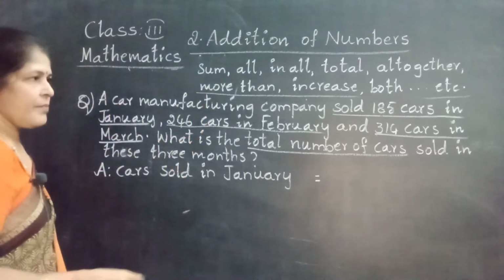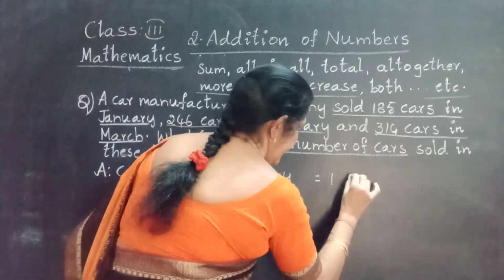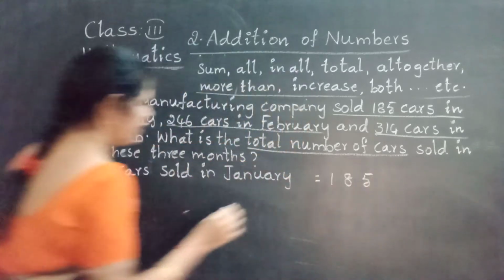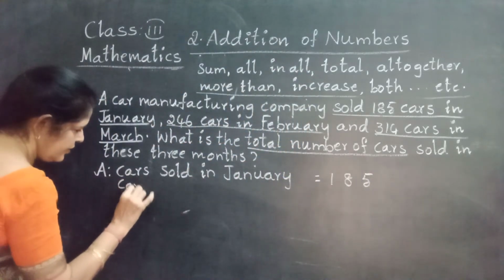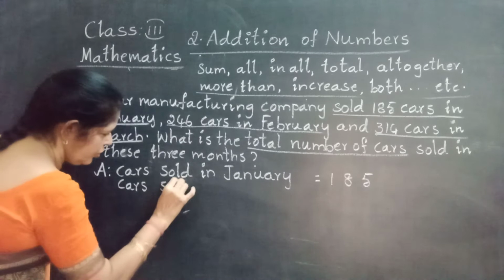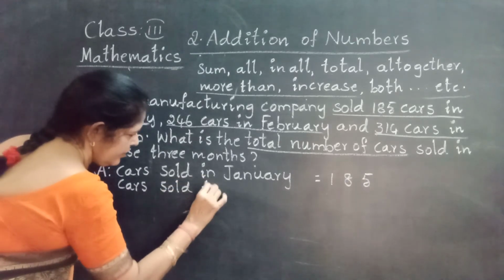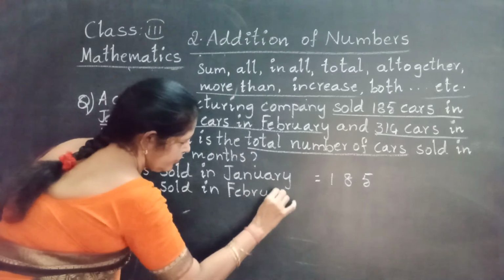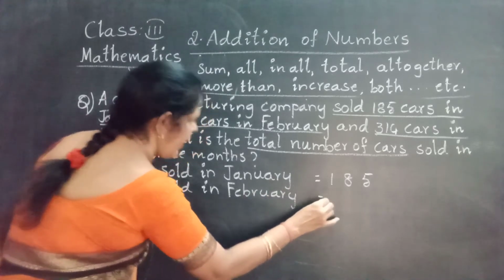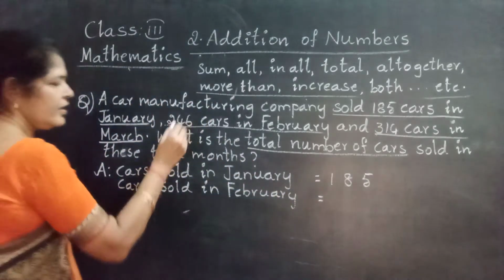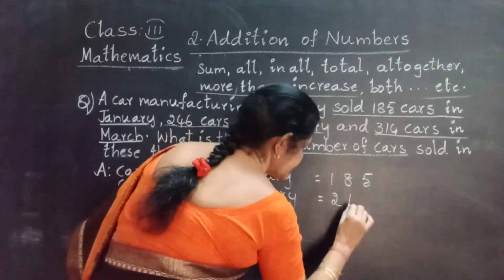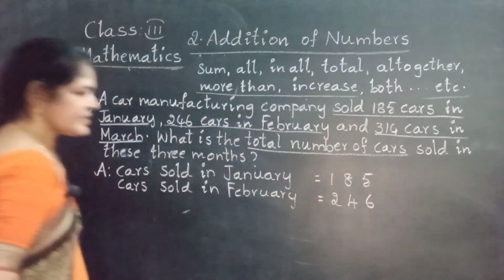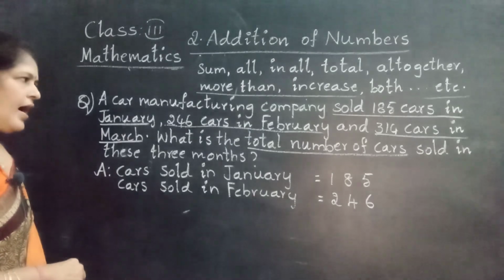What is the first number? 185. Second one, same words: cars sold in February. How many in February? 246. See the numbers correctly in the question and follow.